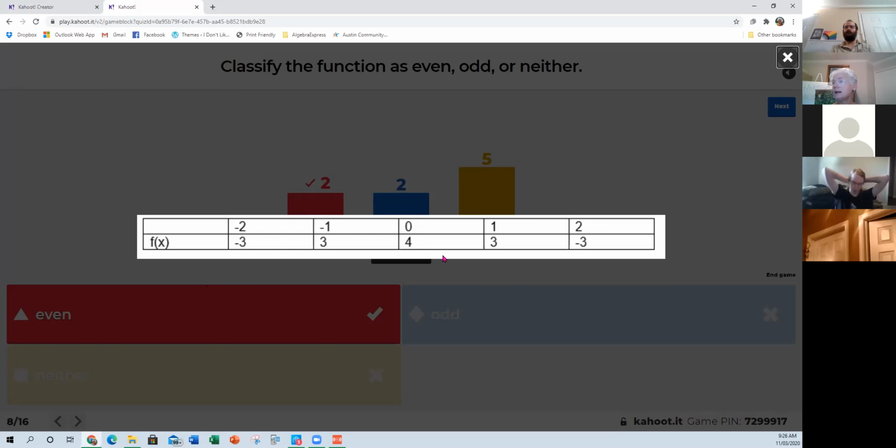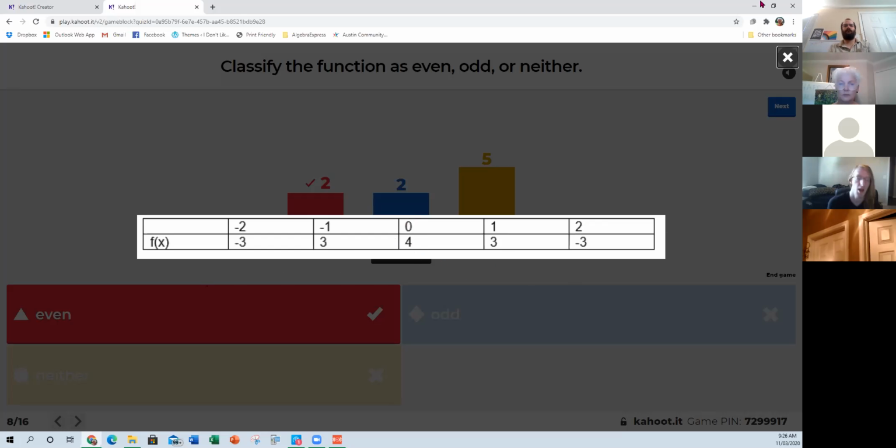You can automatically scratch out that it's an odd function, because for it to be an odd function, this would have to be 0, 0, right? Because an odd function has to pass through the origin almost always. So this is going to be even. If you look, these two match, the -3 and the -3, and the 3 and the 3 both match.